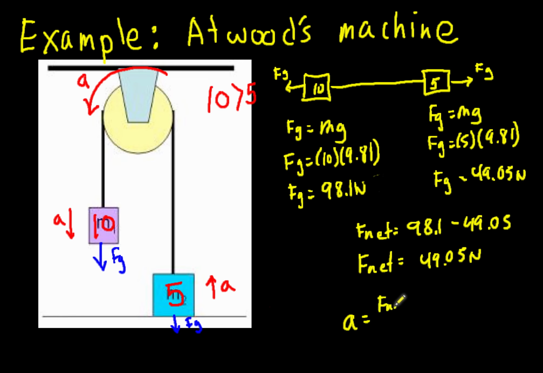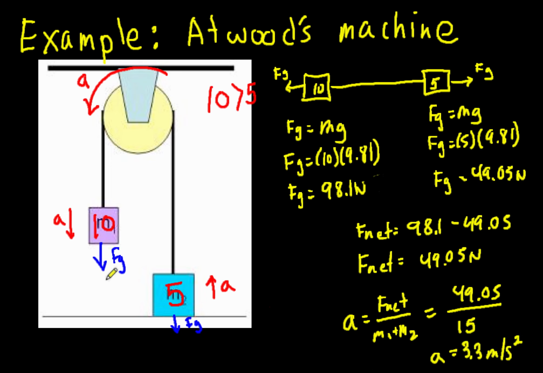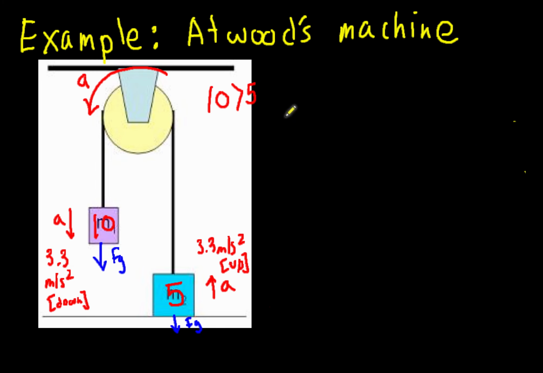The acceleration of the system, then, is F net divided by the total mass of the system, which is 49.05 divided by 10 plus 5, or 15 kilograms, which gives us an acceleration of 3.3 meters per second squared. So the 10 kilogram mass is accelerating down at 3.3 meters per second squared, and the 5 kilogram mass is accelerating at 3.3 meters per second squared up.